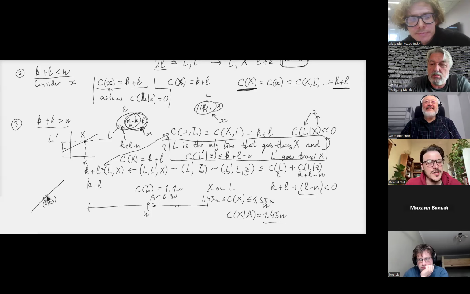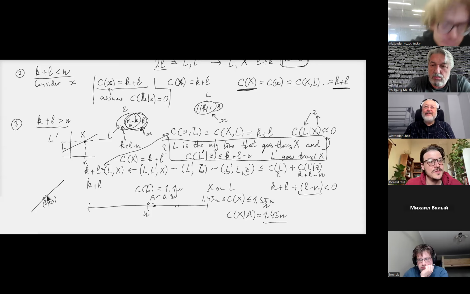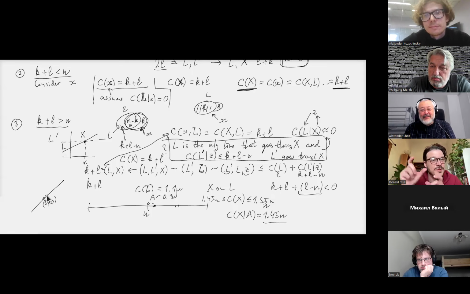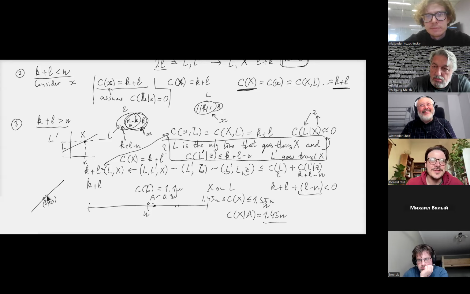It wouldn't surprise me if this actually didn't work in arbitrary finite fields for lines of dimension greater than n, that you could find lines of dimension greater than n where there are gaps. So you say that you can imagine a line of dimension 1.1n where there are gaps of maximal length 0.1n, but not more, because of this oracle argument. Well, finite fields are weird. I don't know.